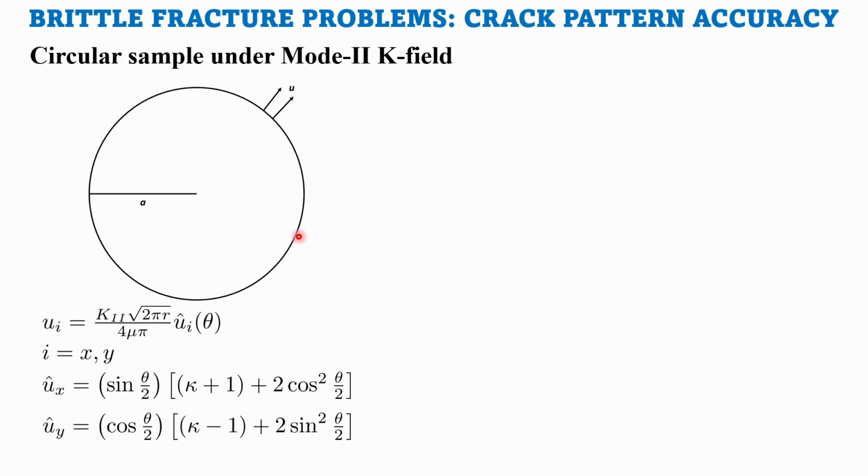The expressions are from the Williams stress field formulation from fracture mechanics. So u_i is K2, your mode 2 stress intensity factor, times the square root of 2 pi r, divided by 4 mu pi, into some angular displacement functions given by these expressions, where theta is the angle from the x-axis or from the r-axis.